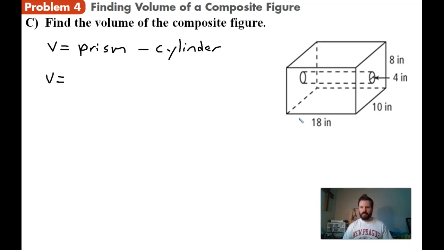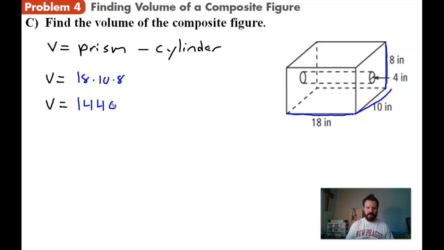Prism, we've got our 3 dimensions, 18 times 10 times 8. I suppose we can multiply those out right away here. When I do that, I get 1,440. Then we want to subtract the cylinder.